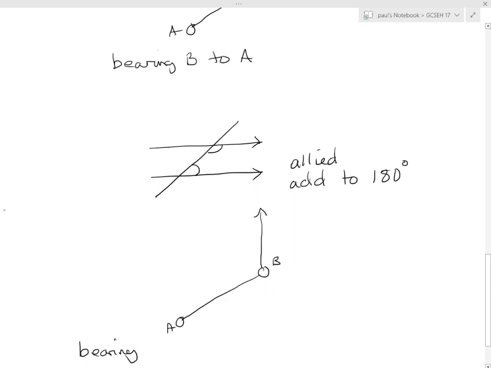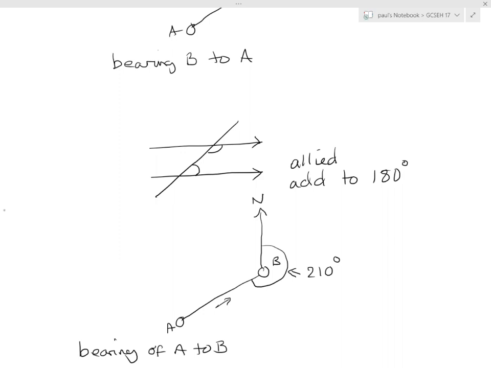I'll put some information on there. Bearing of A to B. So we want this direction here. So what we're going to give you here is this, and I'll say that that is equal to 210 degrees. Okay, so north. So we want to find the other one.